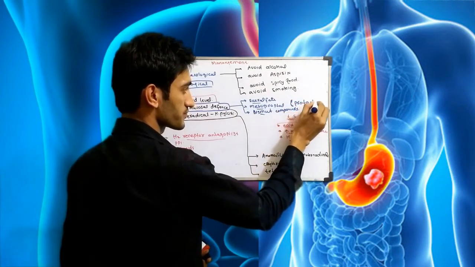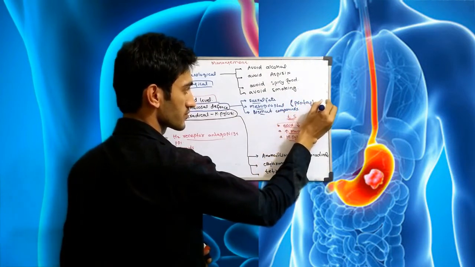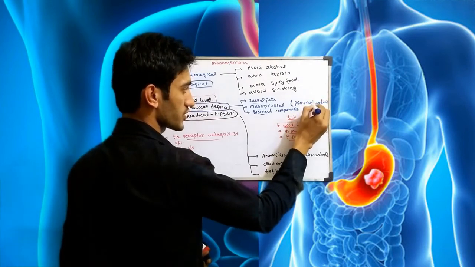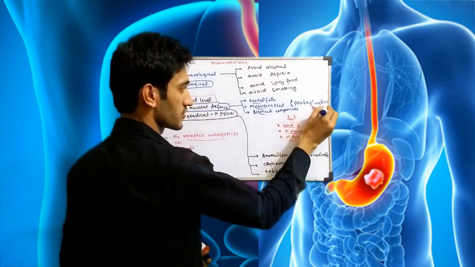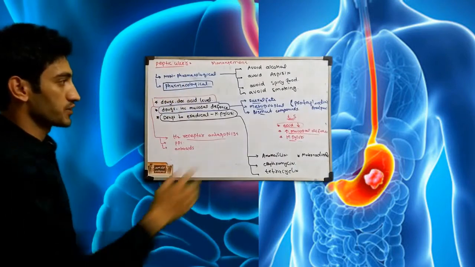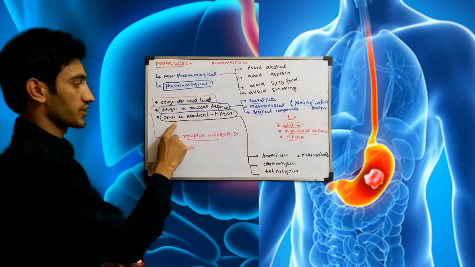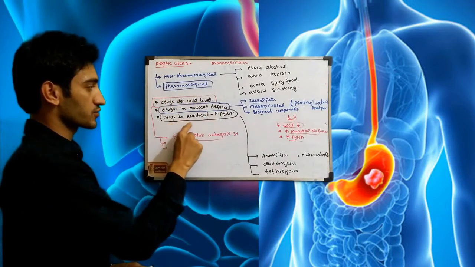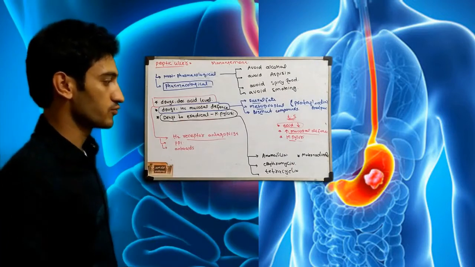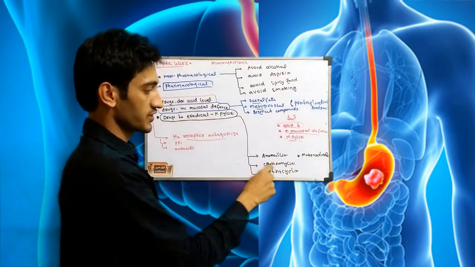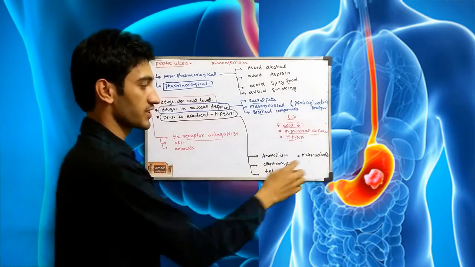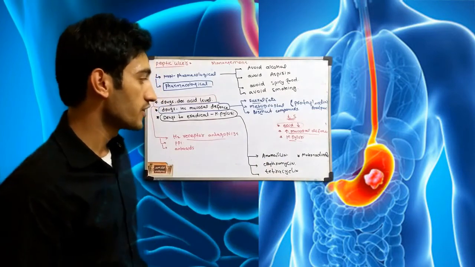Prostaglandins analog, and bismuth compound. The third group includes the drugs to eradicate the H. pylori, which include amoxicillin, erythromycin, tetracycline, and metronidazole.